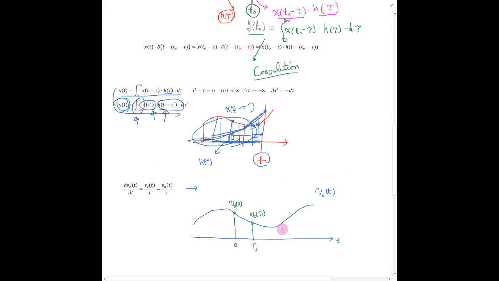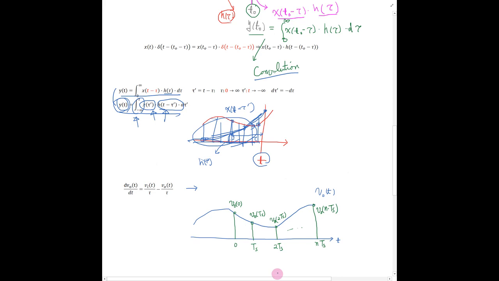The next sample is taken at 2Ts, this is vo(2Ts), and it goes on to a certain n times Ts, where the output will be vo(nTs).